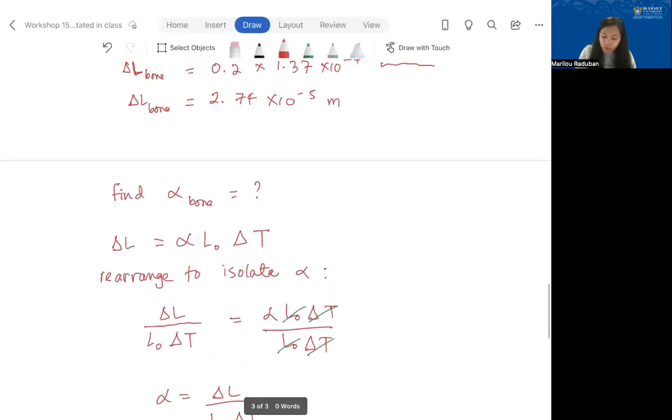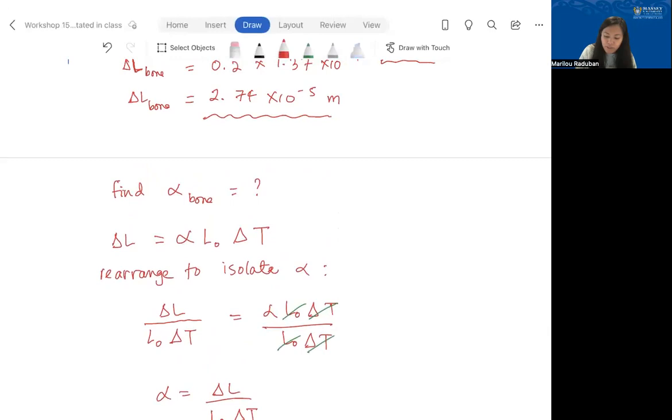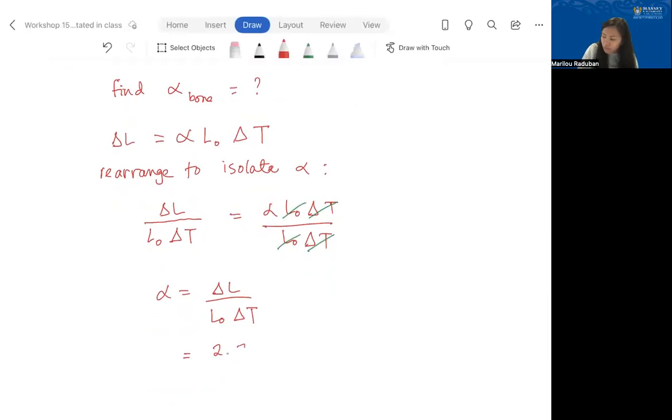The delta L for the bone, which we've solved earlier, is 20% of the expansion of the HA, so that's 2.74 times 10 to the minus 5. This is the change in length of the bone, divided by 0.0399 meters for the original length, times the change in temperature, 35 degrees Celsius.